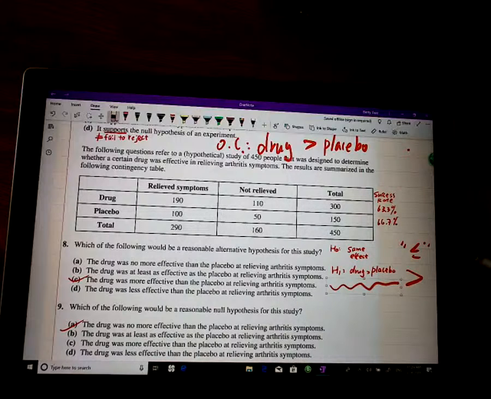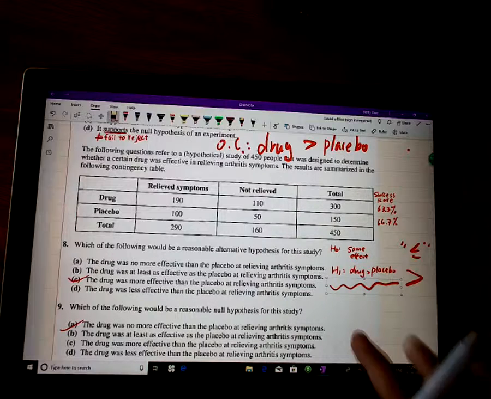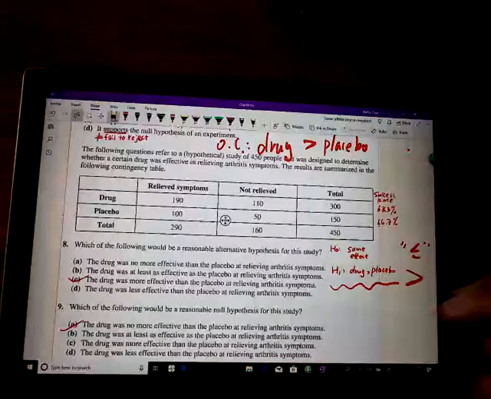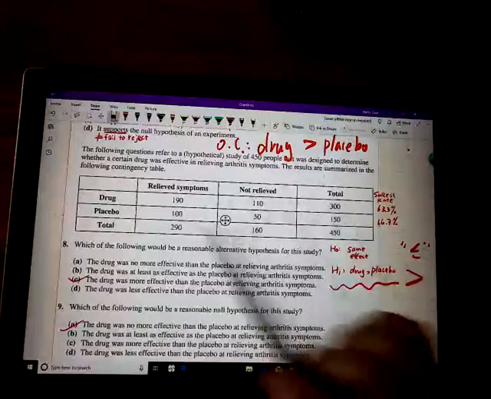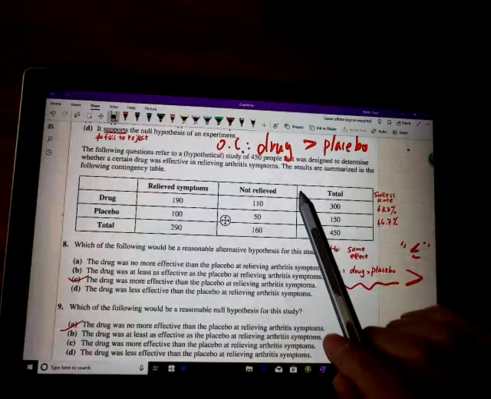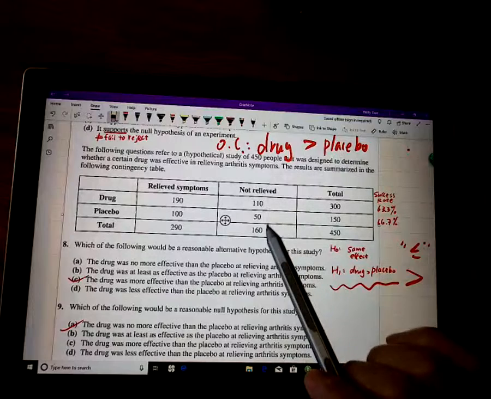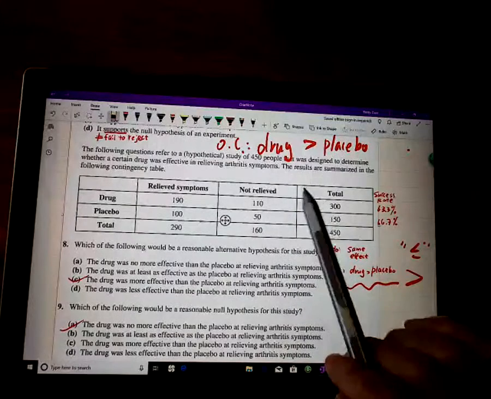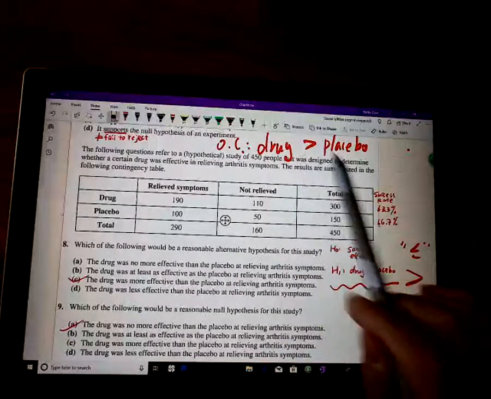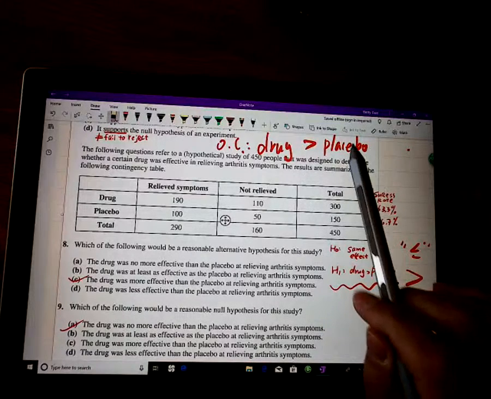Which of the following would be a reasonable alternative hypothesis for this study? We need to identify the original claim first and then set up the null and the alternative. So what is the original claim? I would say, what's the purpose of the research? You want to see if the drug does better than the placebo, right?